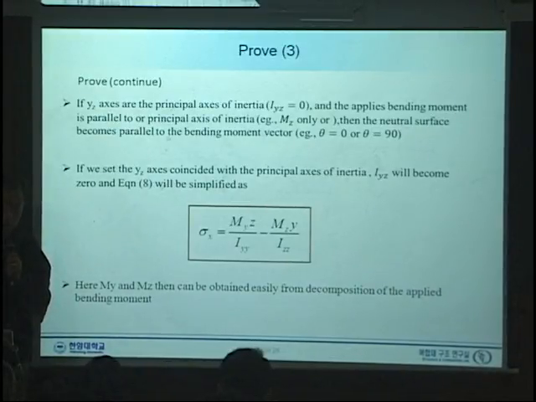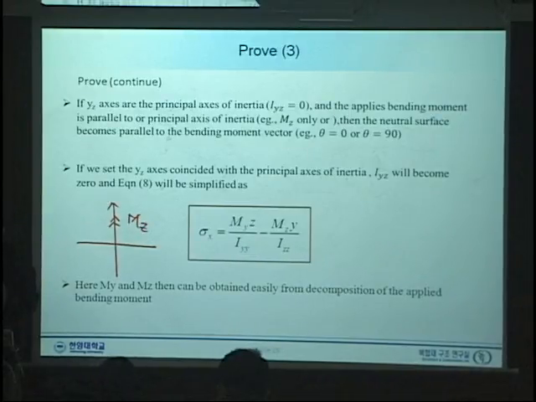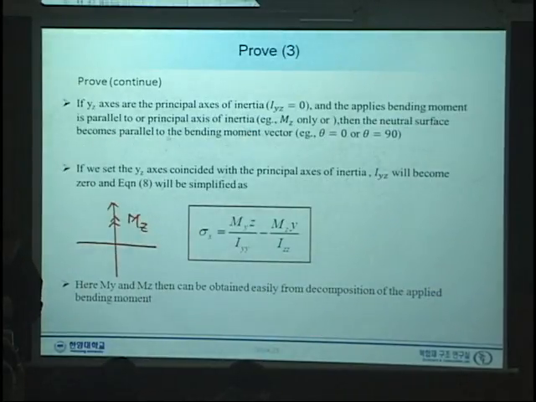Don't get disappointed, okay? I know it is a little complicated, but as you can see here, this is the moment you apply, moment z. So which one was the moment y? Moment y you apply, moment z you apply.